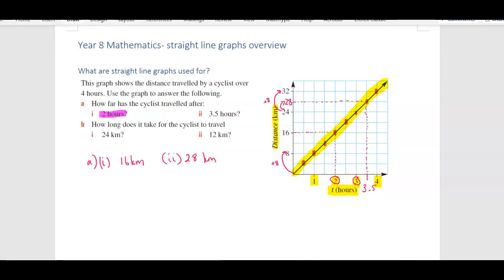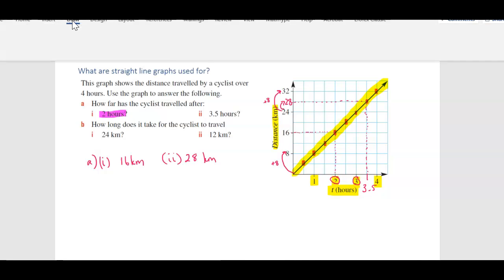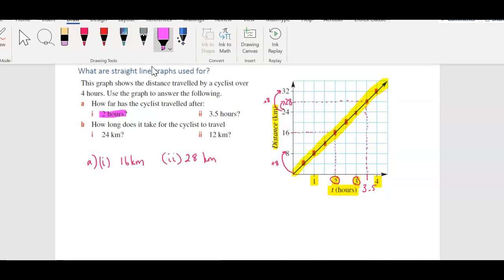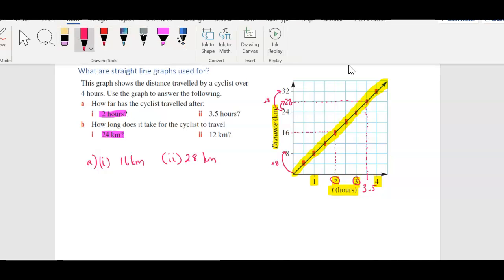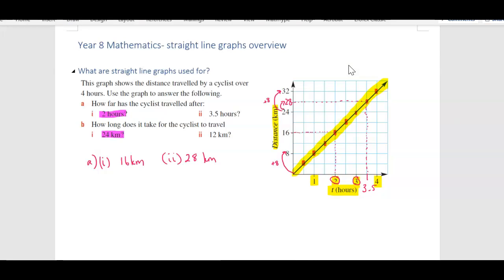All right, going now to question B. I'm going to use my highlighter again. This time it's how long does it take for the cyclist to travel 24 kilometers? This time, instead of going from our horizontal axis, we now go from our y-axis.